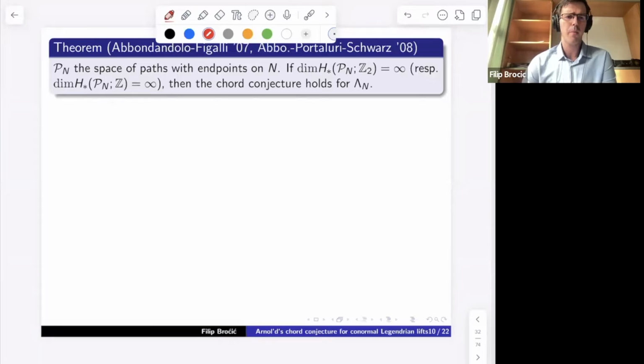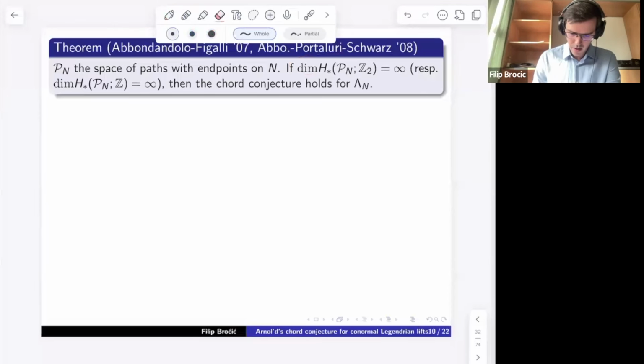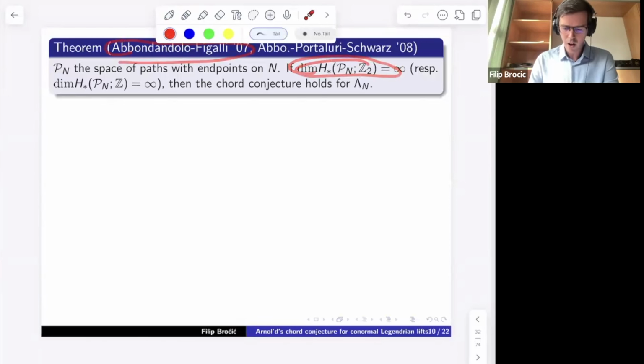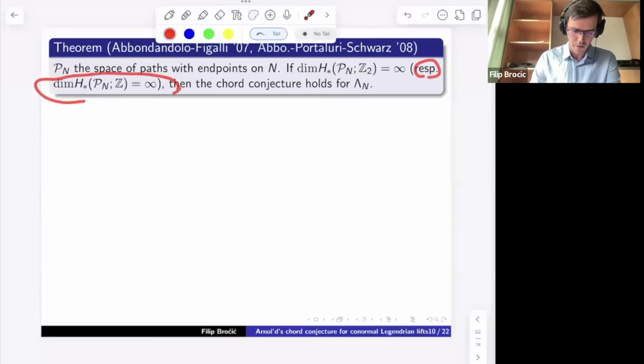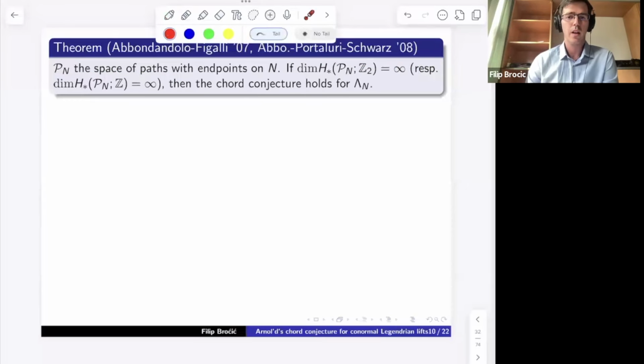Denote by Π_N the space of all paths in M with endpoints on the submanifold N. If the dimension of the homology with Z2 coefficients, this part is due to Abbondandolo and Figalli, or of the homology with integer coefficients, which is due to Abbondandolo, Portaluri, and Schwarz, is infinite, then the chord conjecture holds for a conormal lift of a submanifold.